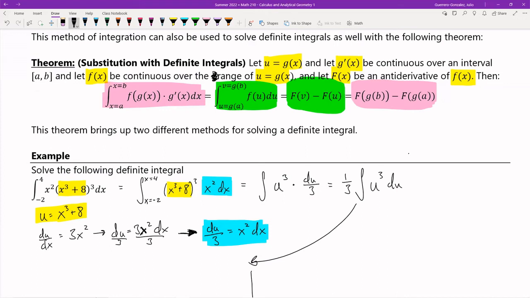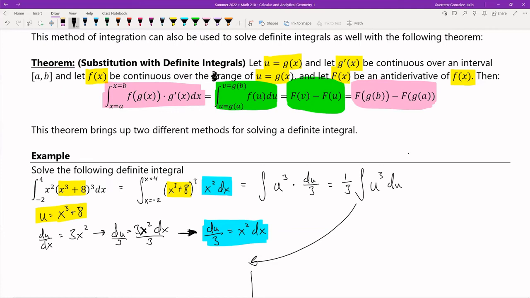In the green one, we're basically saying we're going to keep the substitutions, but in order to keep the substitutions, we need to change the limits of integration. The original problem, the ones in pink, the limits of integration are for a variable x. Whereas the ones in the green, the limits are for a substituted function u, and that substituted function u is based on the x values.